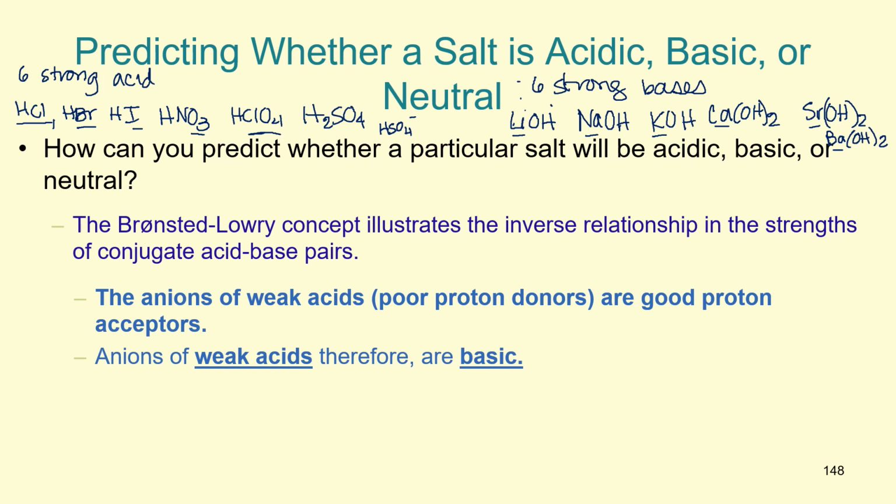So like I said, anything that's not Cl-, Br-, I-, NO3-, ClO4-, or HSO4-, anything else will sort of be basic. So CN- is an example of this because HCN is not one of the 6 strong acids. The CN- ion is basic.